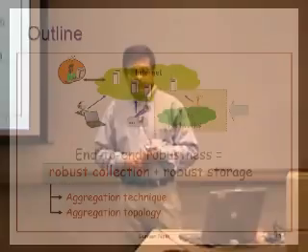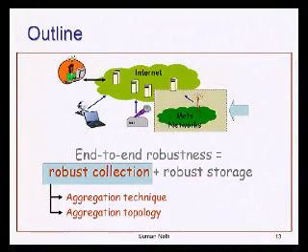In this talk, I will present techniques for 2 times more reliable data collection in wireless sensor networks without any additional energy overhead. I will present solutions that make the storage component an order of magnitude more robust, again without any additional resources. And then I will talk about the design and implementation of those techniques in a real system.